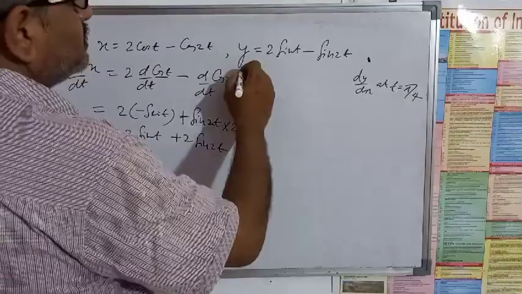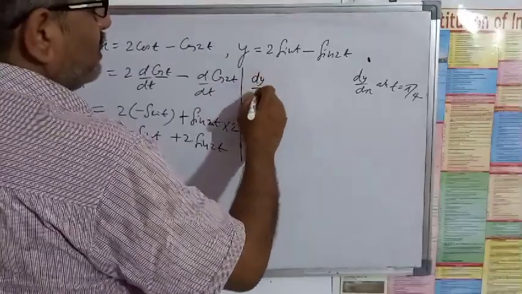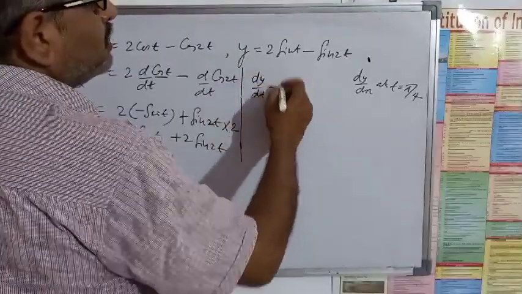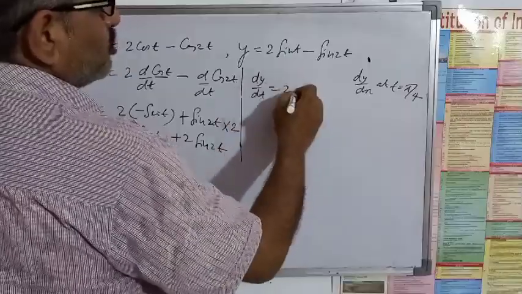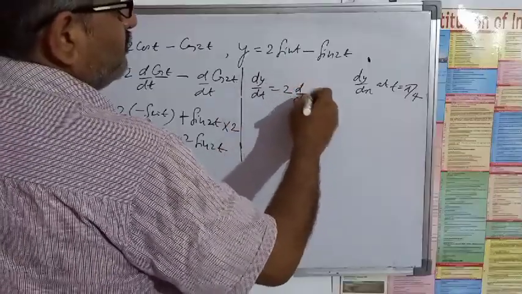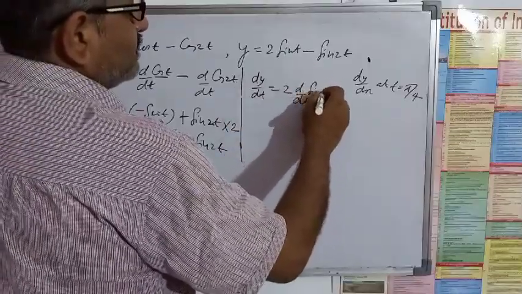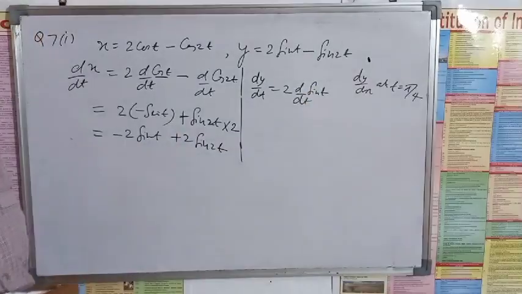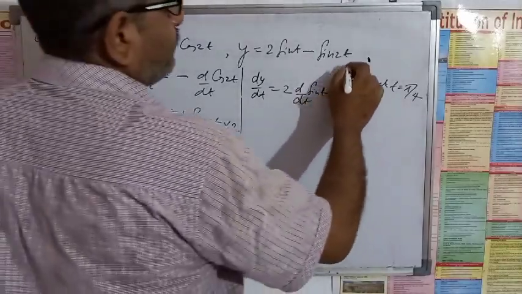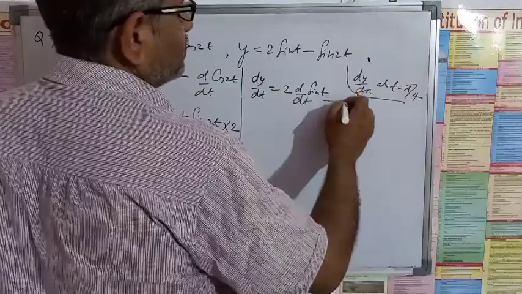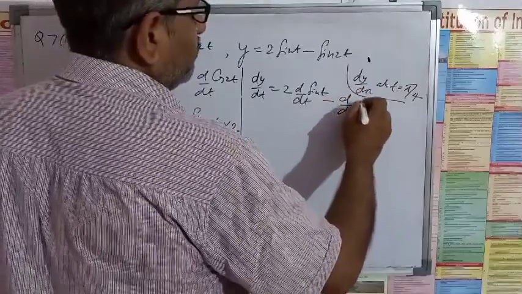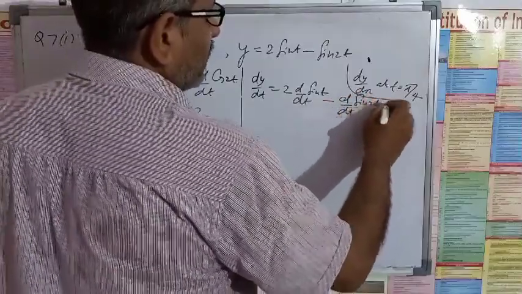Next, find dy by dt. 2 is constant. 2 into d by dt of sin t minus d by dt of sin 2t.